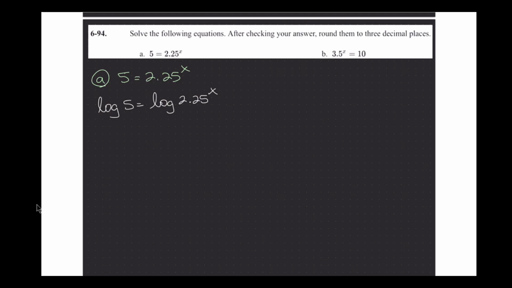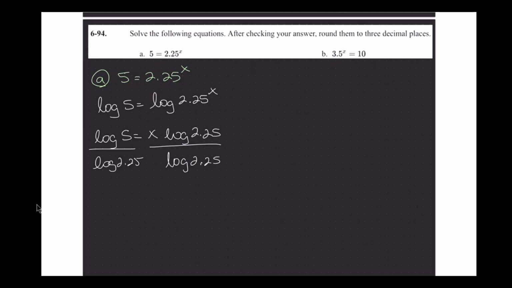Then our power property of logs tells us whatever is up in our power, we can bring out front. So now we have log 5 equals x times log 2.25. We want to solve for x, so we want to get rid of the log of 2.25. Divide both sides by the log of 2.25.